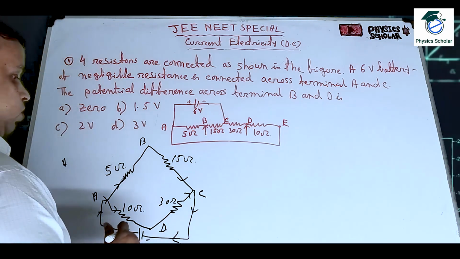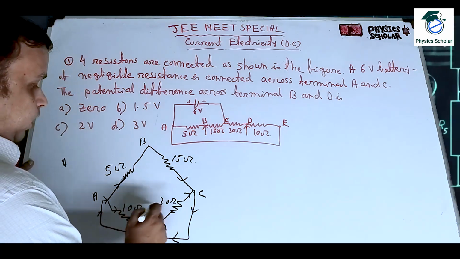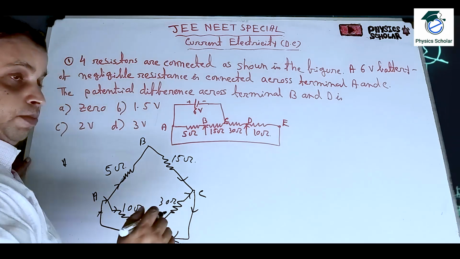In balance condition, 15 by 5 means 3 and 30 by 10 means 3. So P by Q is equal to R by X in balance condition.